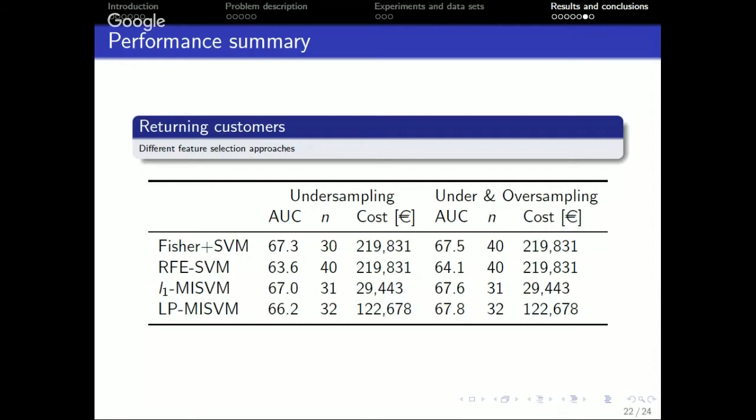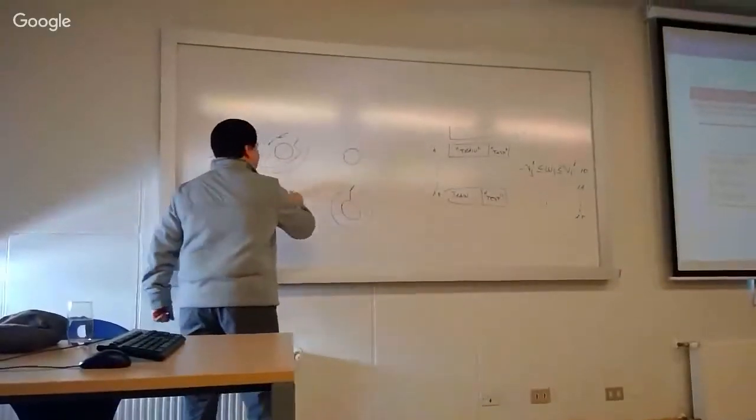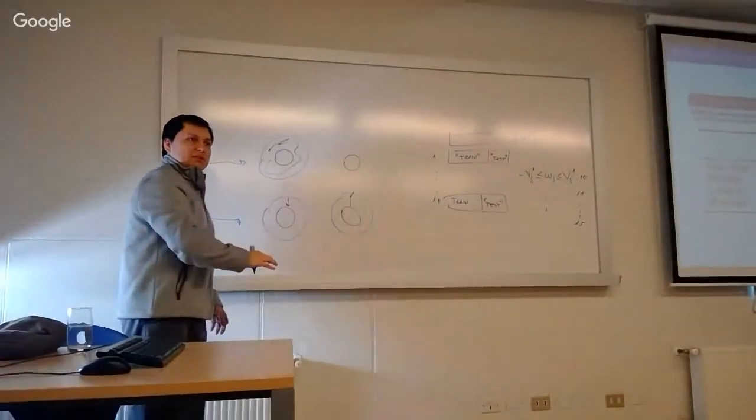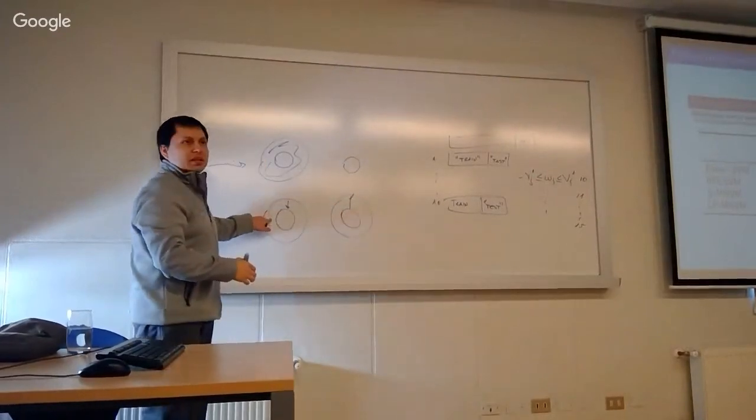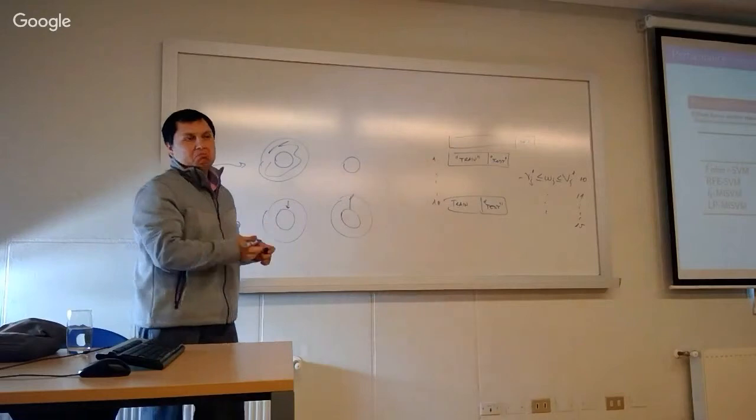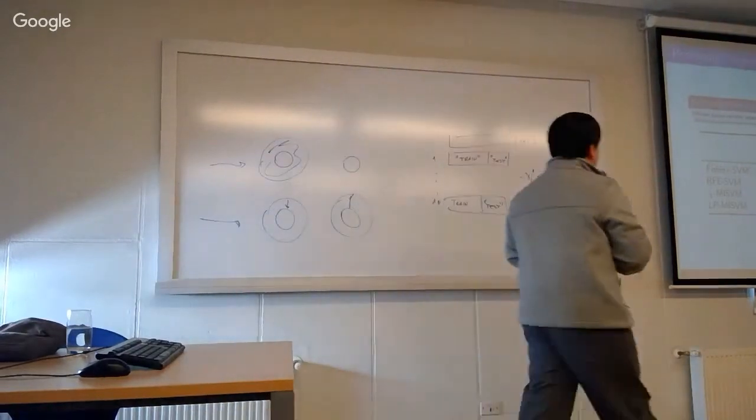Of course, you are losing information here. This is not good. The other approach is you make it smaller, but not that way, and you make it bigger. This is undersample and oversample. Again, this is not real, but you are losing less information. Okay, it's quite simple. This is the approach.